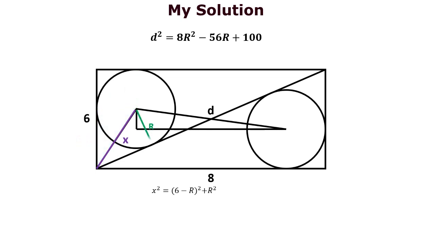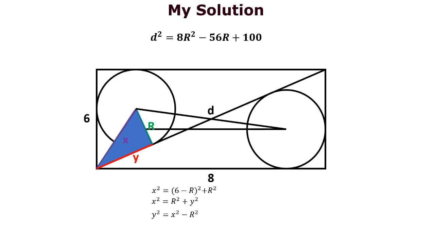Now we can draw the next radius to construct this right-angled triangle. We can apply Pythagoras' theorem to this right-angled triangle to find the value of the leg y. According to Pythagoras' theorem, x squared equals r squared plus y squared. We want to find y, so we will rearrange the terms such that y squared equals x squared minus r squared.